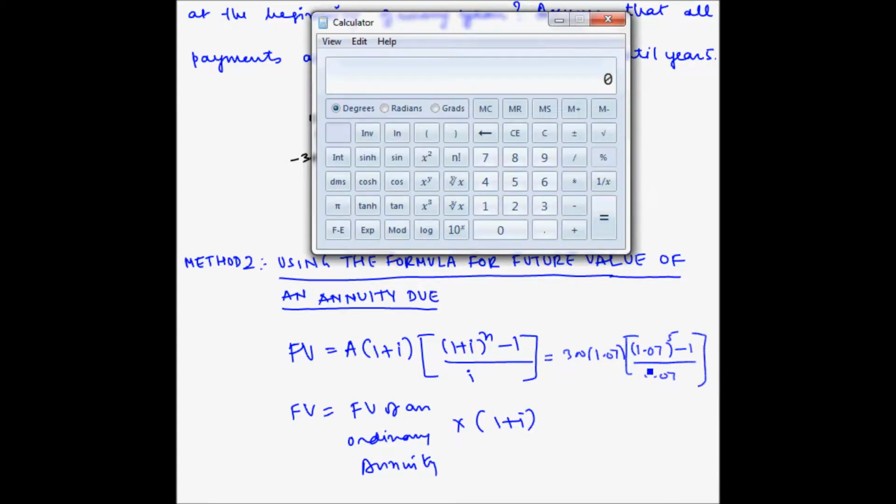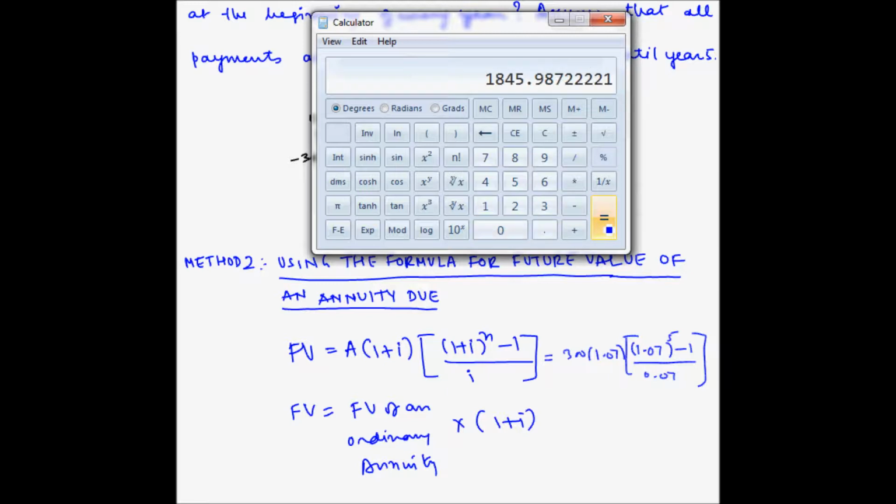So let's calculate the value for this bracket first. So 1.07 to the power 5, minus 1, divided by 0.07, multiplied by 1.07 multiplied by 300.